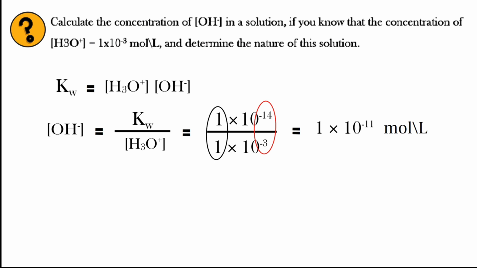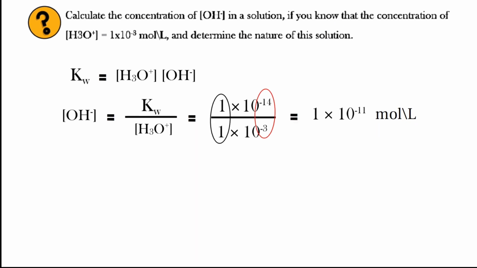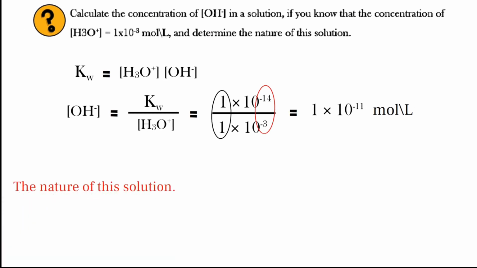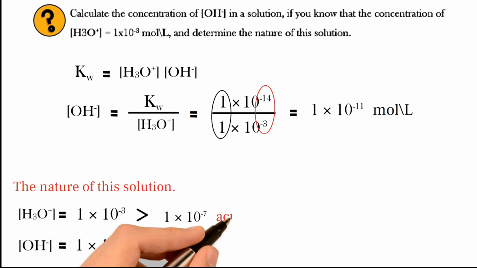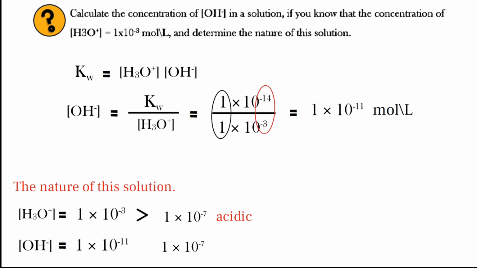The nature of this solution, as we have learned, we have to refer to the value of the concentration of H3O+ or OH- ions. Note that in both cases, the nature of the solution is acidic.